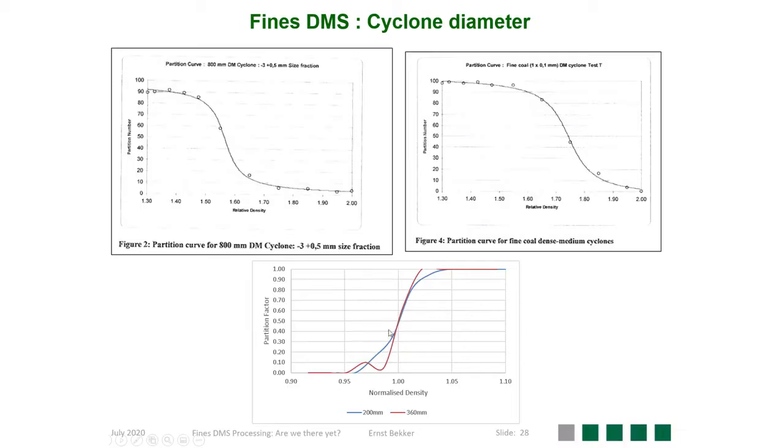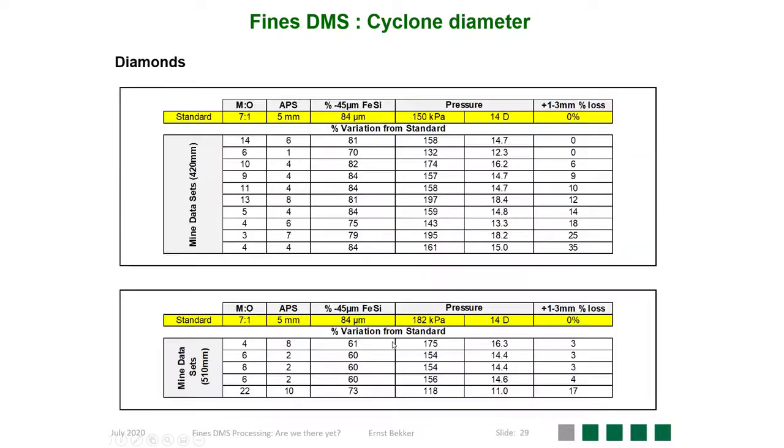Test work done between a 200 mm and a 360 mm cyclone does however indicate that we can maybe not go too small in cyclone diameter. The blue curve illustrates the 200 mm cyclone, and as one can see, the larger cyclone produced a better EPM value.